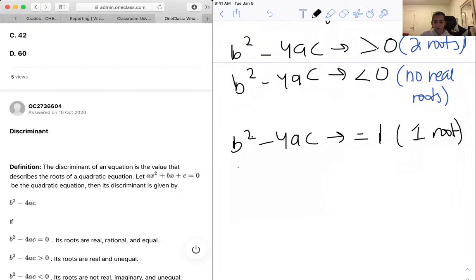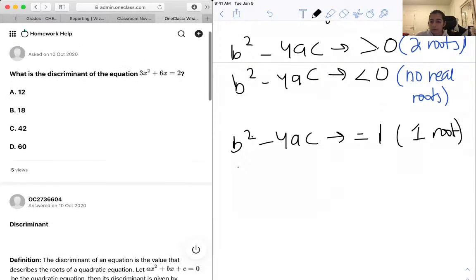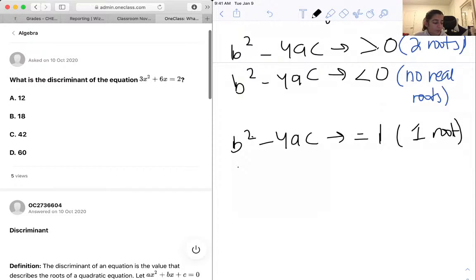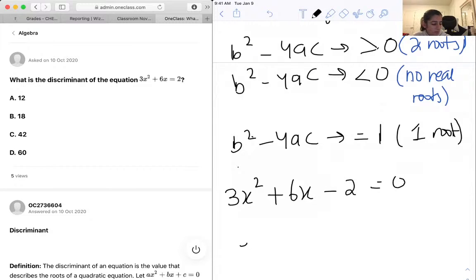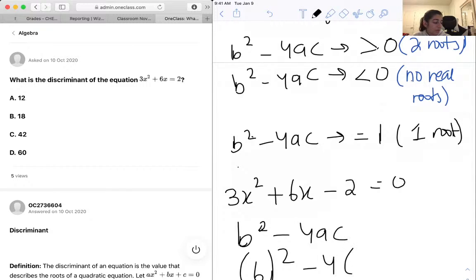So we can use that in our equation over here. We are given that number right there. So 3x squared, we bring 2 over to one side, plus 6x minus 2 is equal to 0. So b squared minus 4ac. Our b value is 6, so 6 squared minus 4 times a, which is 3, and c is -2.